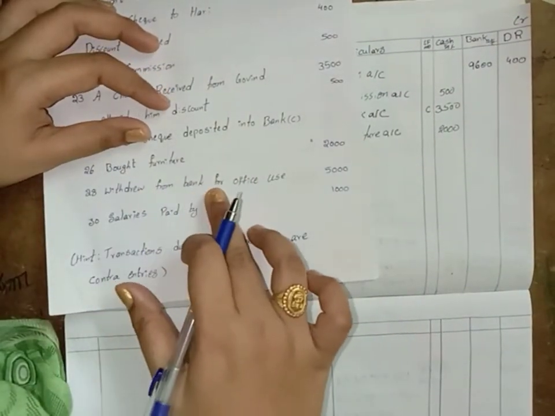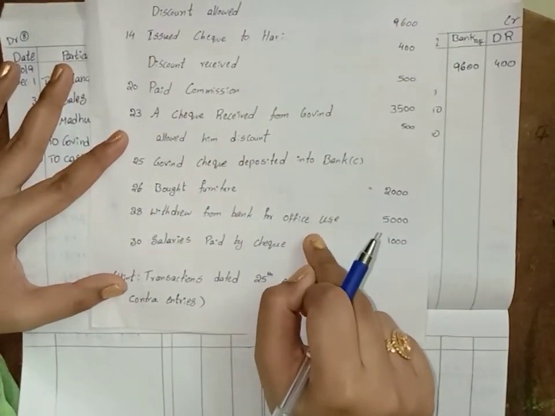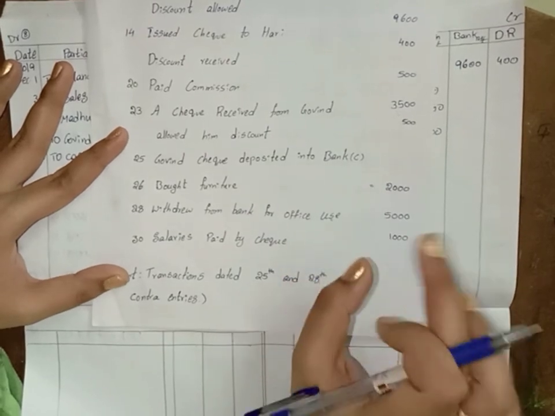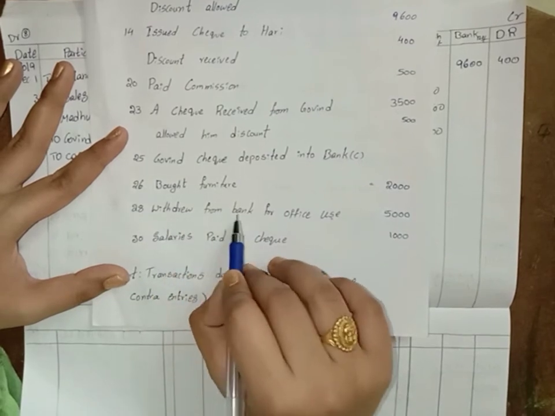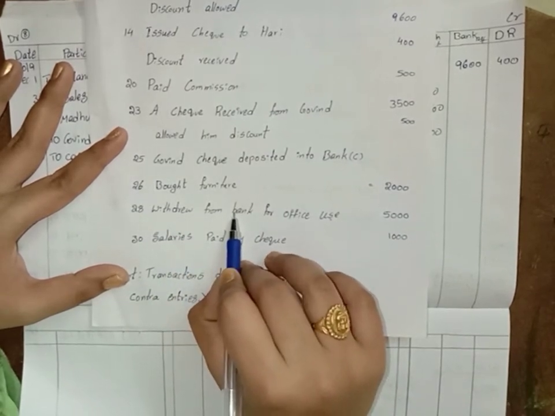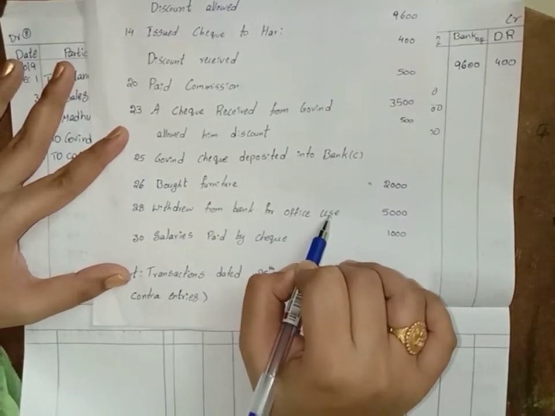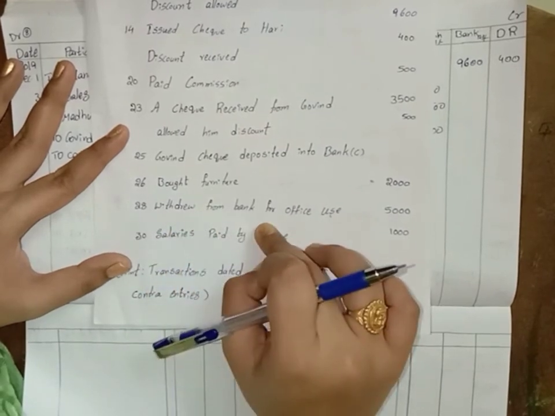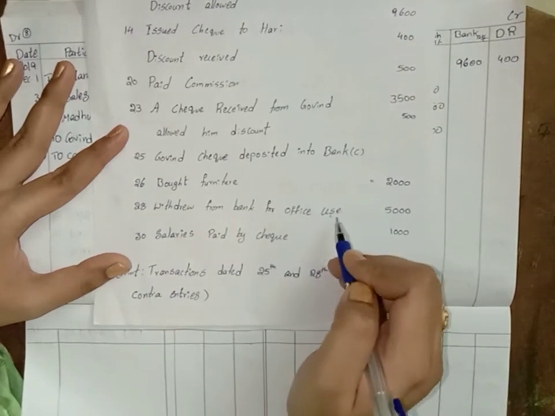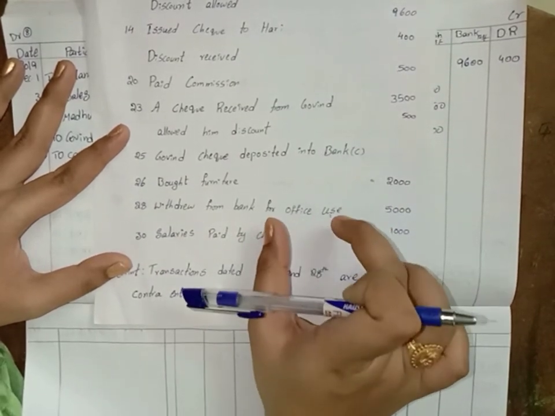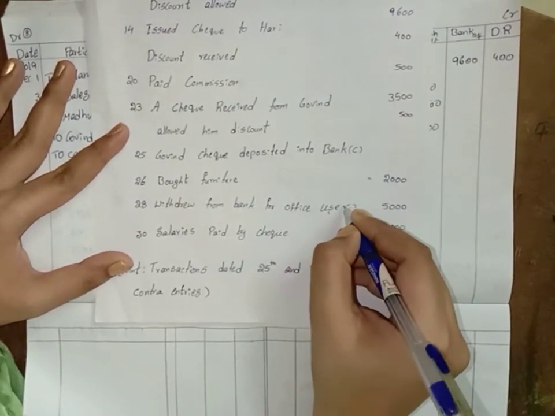And next, withdrew from bank for office use. If it is personal use, that should be a drawings account. So here we are withdrawing cash from bank for office use. The journal entry is cash account debtor to bank account. So cash and bank both are in one entry, so this is also a contra entry.